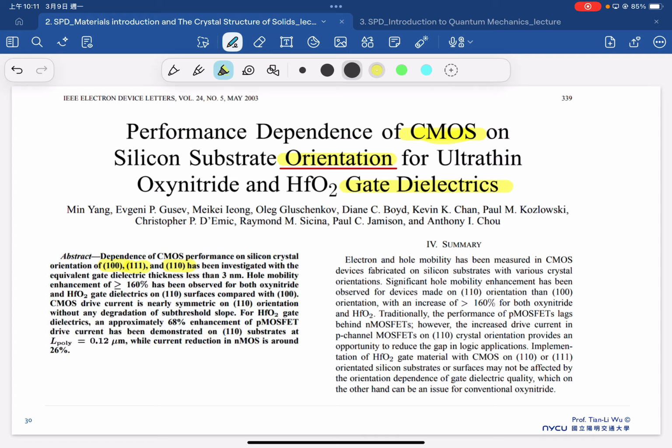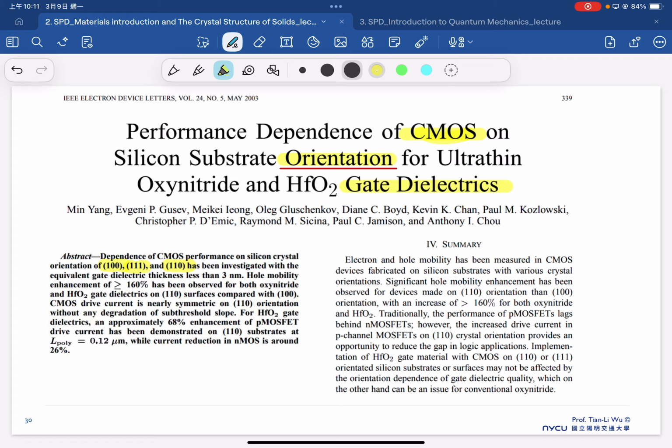So now you see why we have to understand the Miller index. Otherwise, you won't understand what 100, 111, 110 mean. And particularly, this is where, like 10 minutes ago, we explained what a plane is. What is a plane in 100? What is a plane in 111? What is a plane of 110? That's why, with the knowledge you have from this chapter, you can probably catch more than 50% of what this paper is talking about.